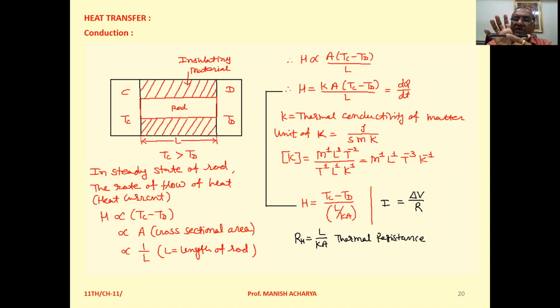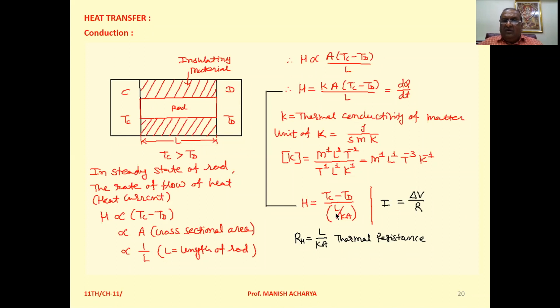When we apply a potential difference between the two ends, an electric current is constituted through the conductor. Similarly, when we take a temperature difference between these two ends, then heat current flows through the conductor.